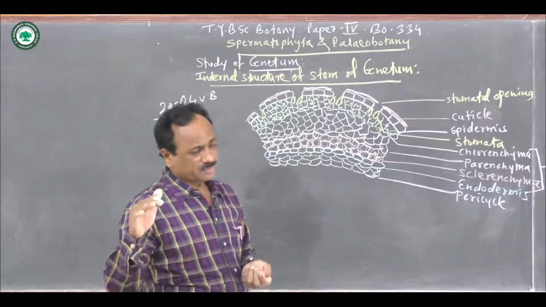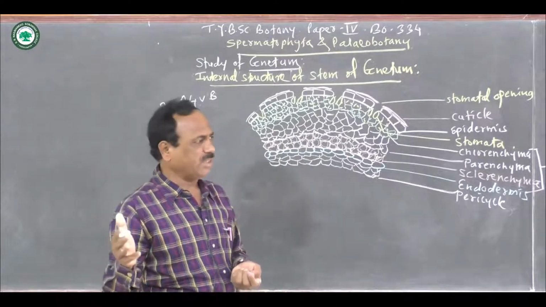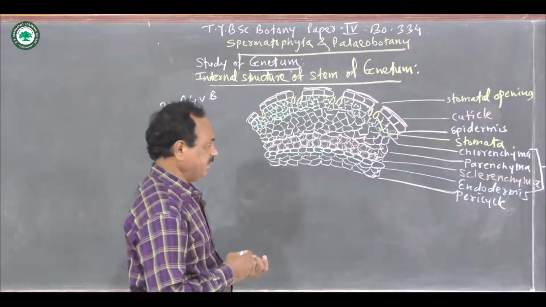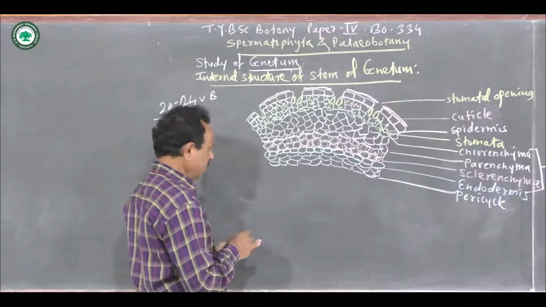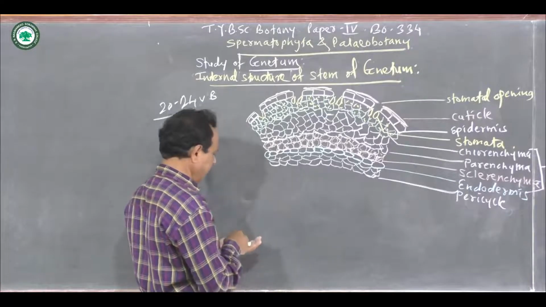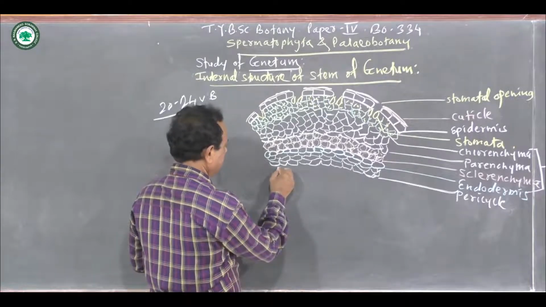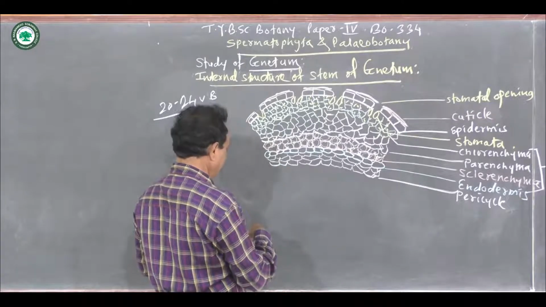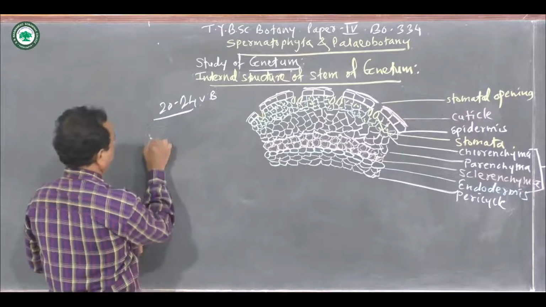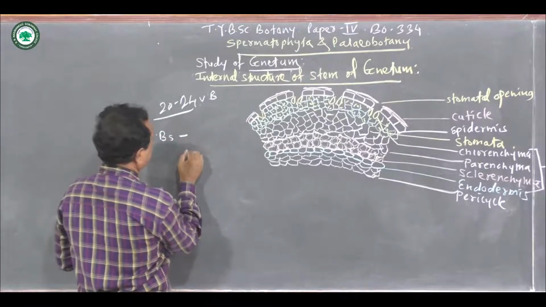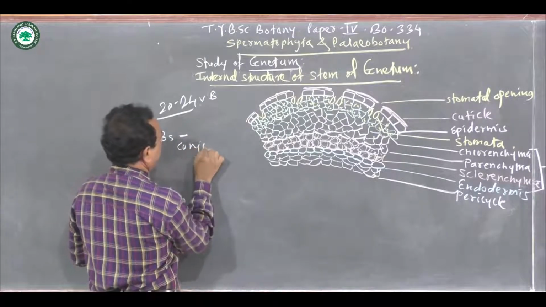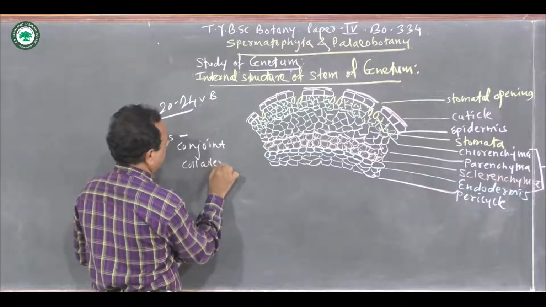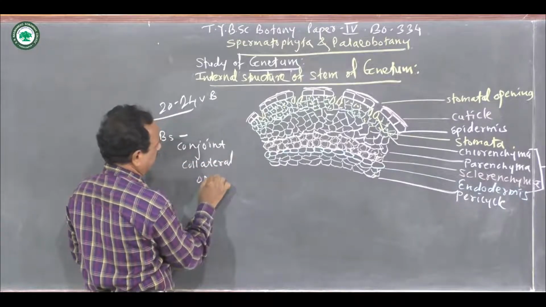Later on, when the secondary growth proceeds, there is a formation of the secondary xylem from these vascular bundles. So these vascular bundles are conjoint, collateral, and open type.